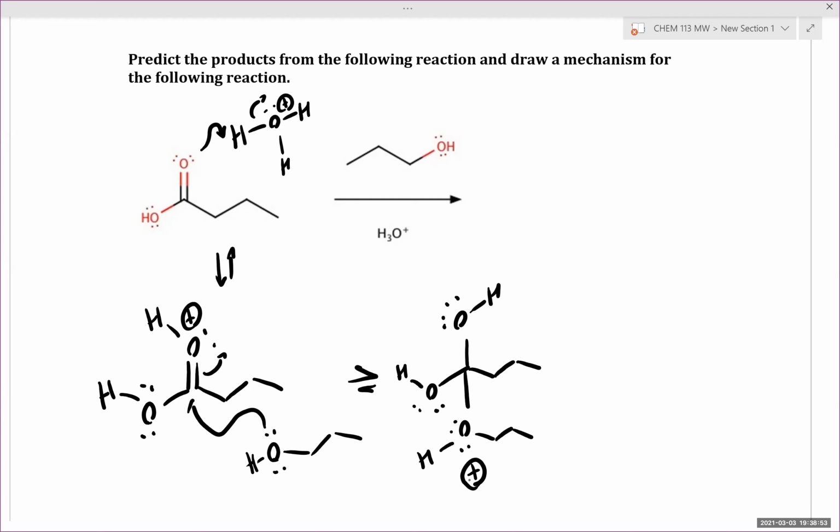So it's important that we draw this step as intermolecular rather than intra, because intramolecular proton transfers aren't favorable and aren't geometrically allowed in this case. So what's the next step? So how do we activate our alcohol? How do we activate and make water as a leaving group?